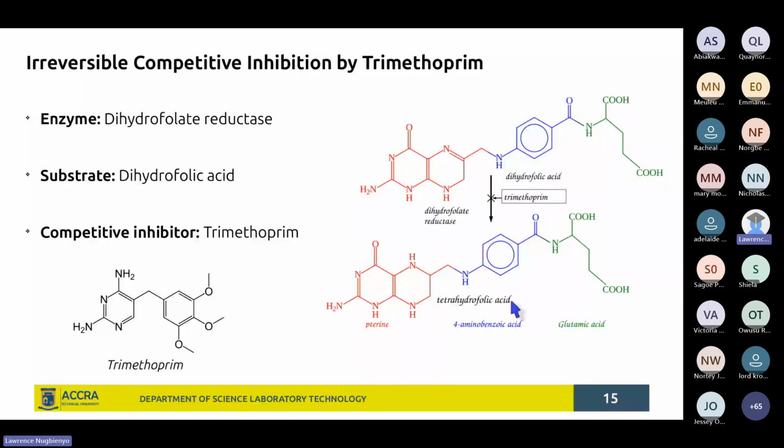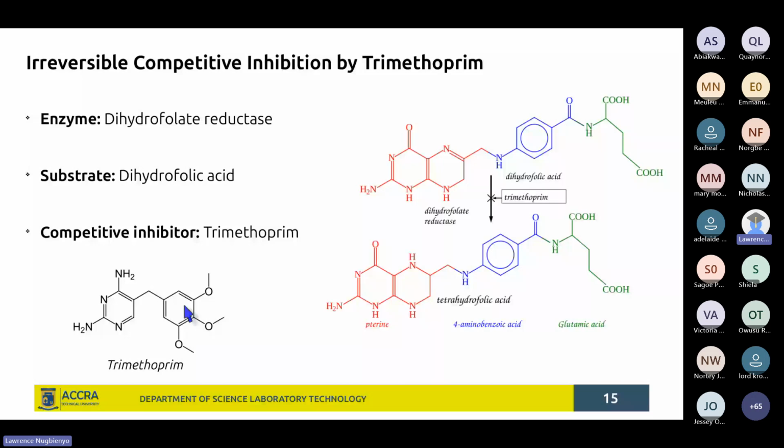Now, if you take a look at trimethoprim and you take a look at, say, the substrate, which is the dihydrofolic acid, there's some similarity, but the similarity is not so close as you see for what we saw earlier for the sulfonamides.